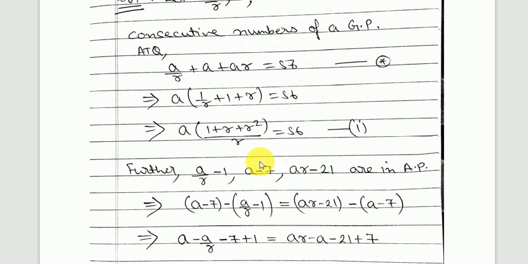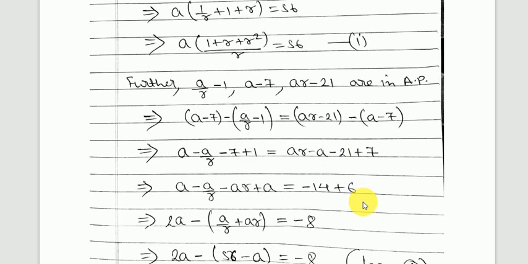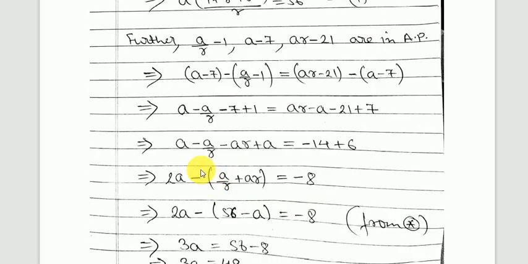So we will use this fact and we can write A minus 7, the second term, minus the first term, equal to the third term minus the second term. Now simplify this, bring all the A and R terms on the left hand side and keep the numbers on the right hand side.